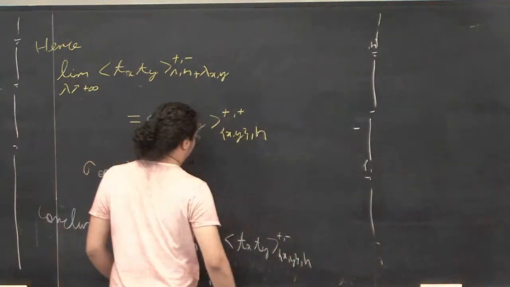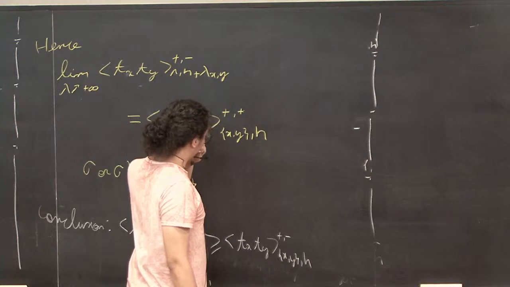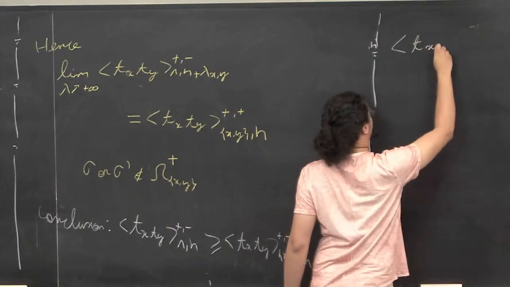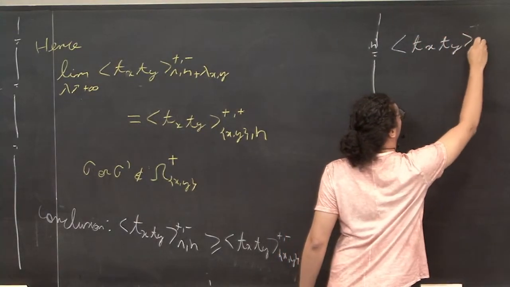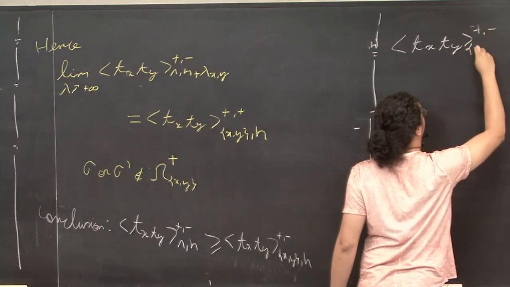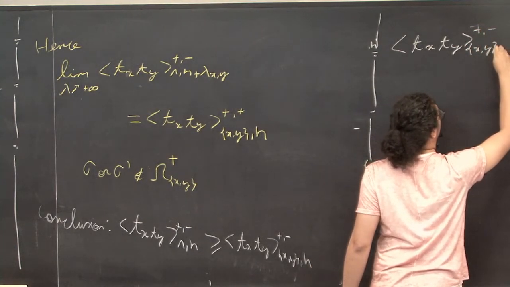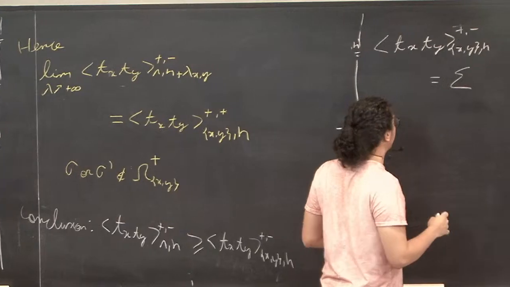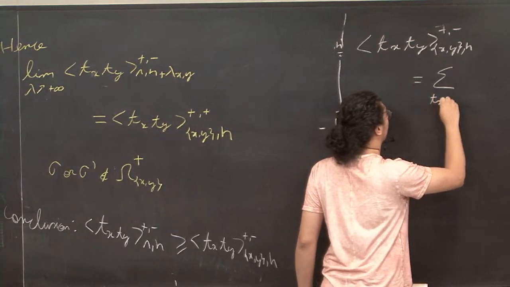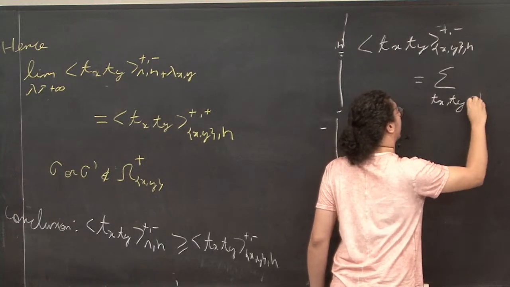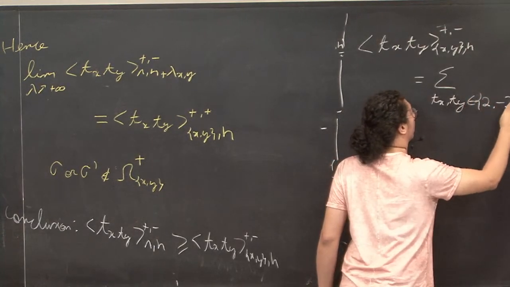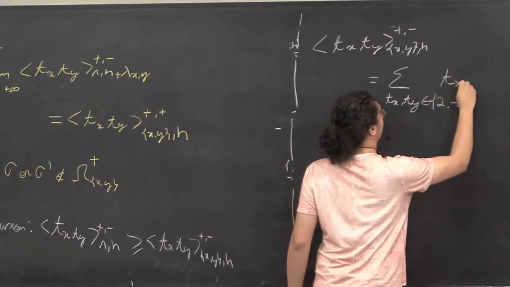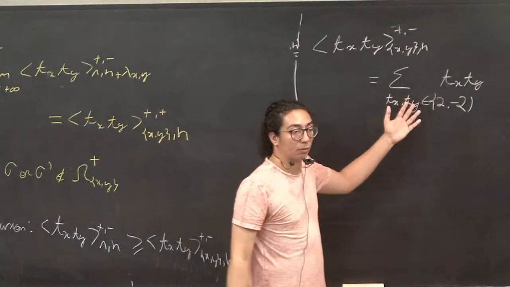Okay, so let me write this here explicitly. So tx and ty plus and minus, but only on x and y. First of all, I need to sum only when tx and ty are either 2 or minus 2, because otherwise they are 0, and as we have a tx ty term here, this is just going to be 0, so it doesn't matter.